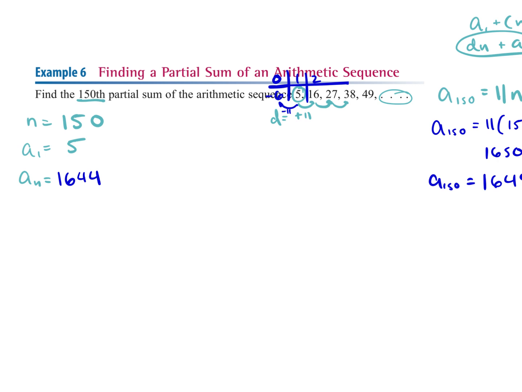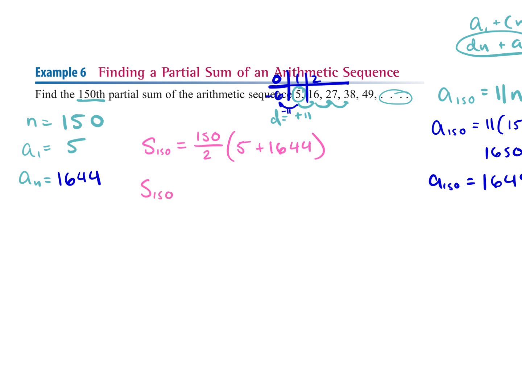Now we can plug it into our sum formula. So the sum of our 150 terms is equal to n over 2, so 150 over 2, times the first plus the last. So 5 plus 1,644.